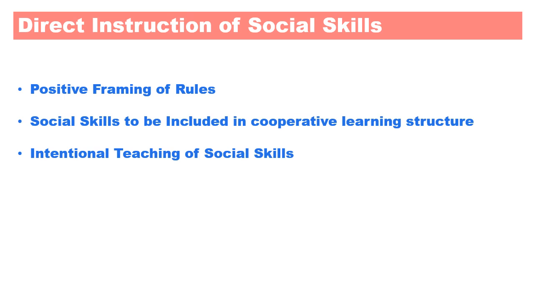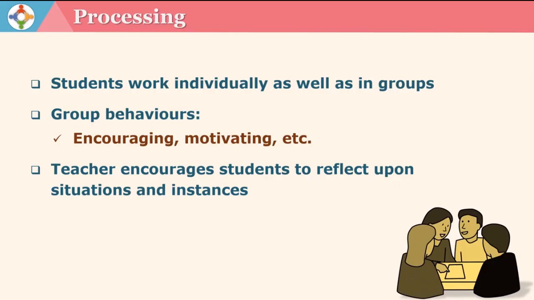If someone doesn't do the responsibility or the role assigned to him, there is no punishment for the whole class. That kind of positive framing of rules will be there. And there is intentional inclusion of social skills, so that we can teach social skills directly through these group assignments.